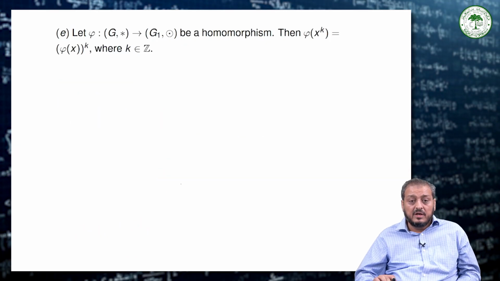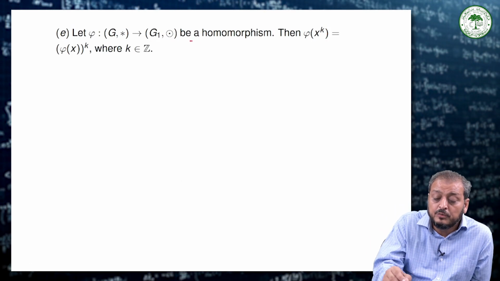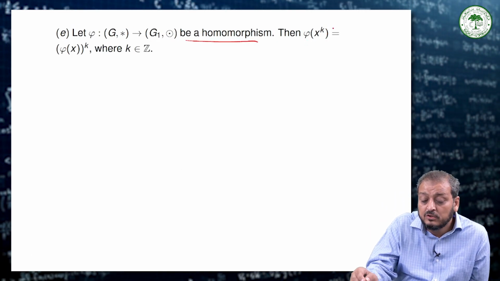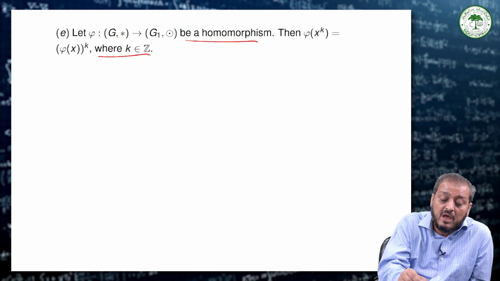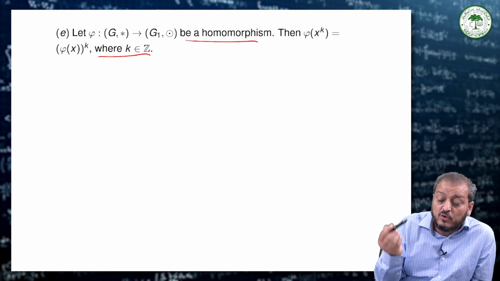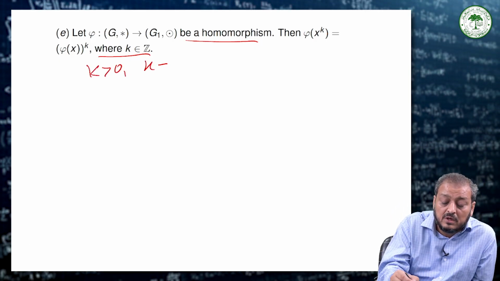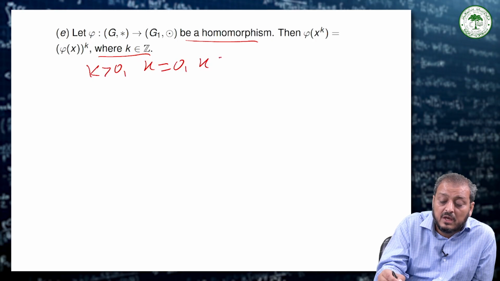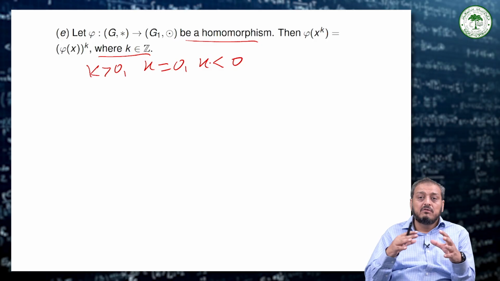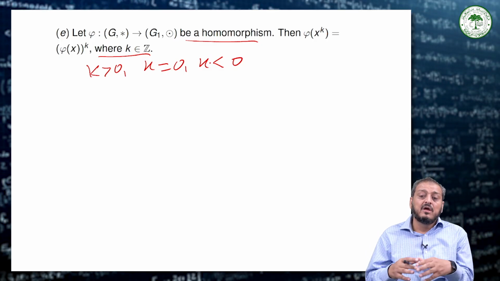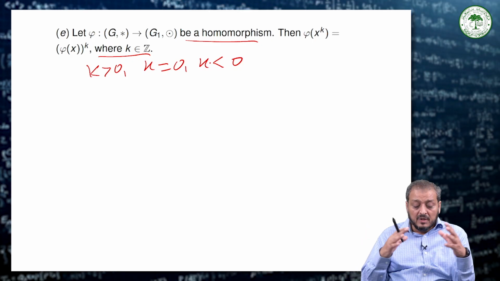Now the next part says that if phi from G to G1 is a homomorphism, then phi of x to the power k is phi of x to the power k, where k is any integer. So we have three possibilities: k greater than 0, k equal to 0, and k less than 0, because the result has to be true for each and every integer.